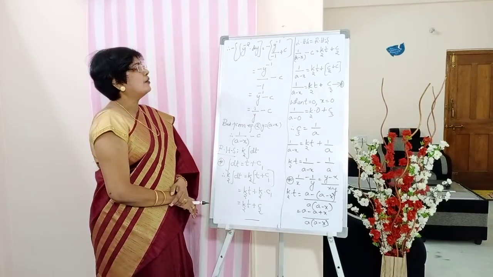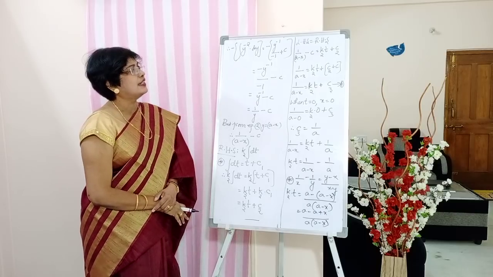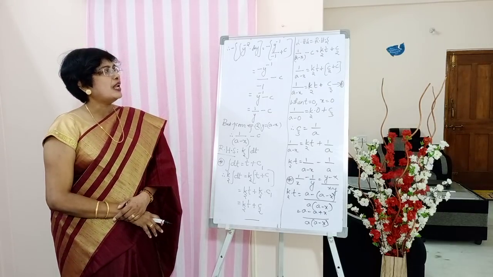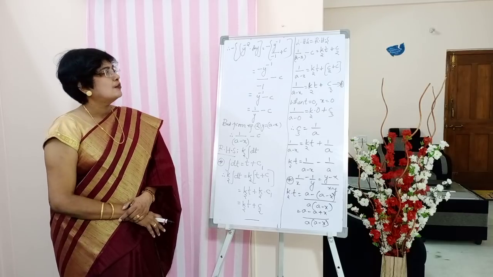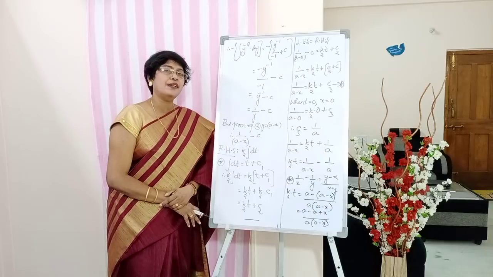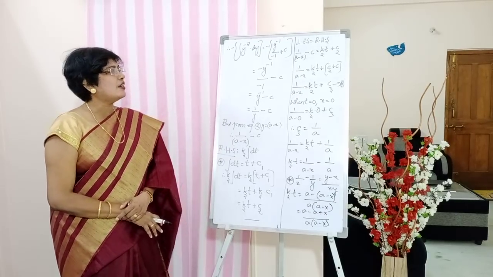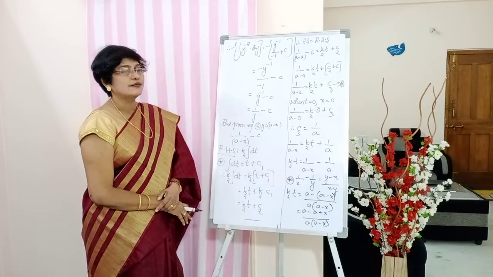Below, 1 by a minus x is equal to, now minus c if it goes to the right hand side, k2 into t plus, put it inside the brackets, c2 plus c. Minus c going from left to right hand side becomes plus c. So c2 is a constant, c is a constant, take a new constant.